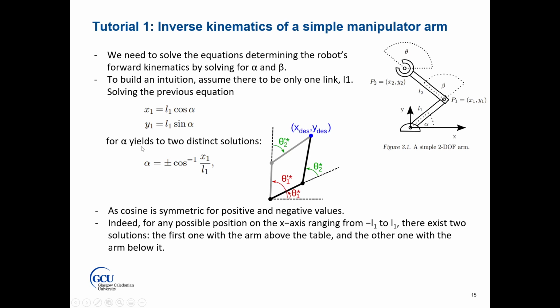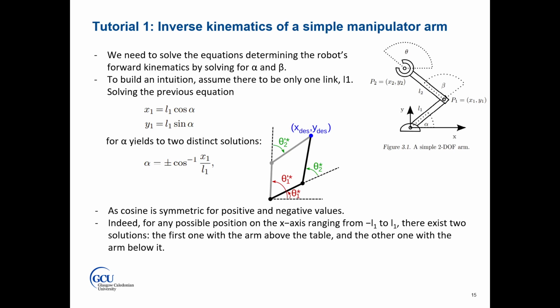The problem here is that problems like this are going to give me two different solutions depending on whether the cosine is positive or negative. Imagine, for example, that you have a robot like this one, and your objective is for the robot to get to this position. You can actually get the robot to this position through two possible configurations, the one that you can see in black and the one that you can see in gray.